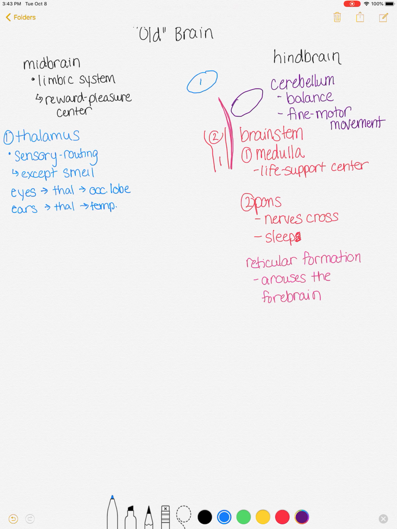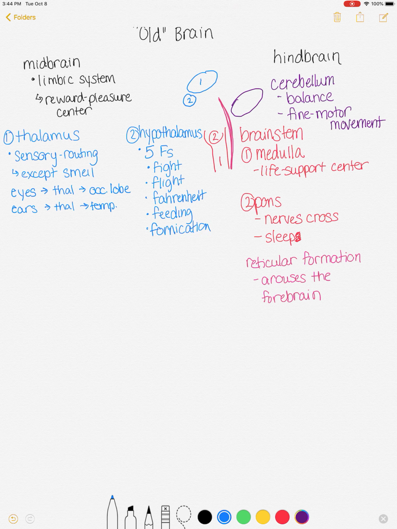They are fight, flight, feeding, or Fahrenheit, excuse me, feeding, and fornication. Okay, so we have fight, flight, Fahrenheit, feeding, fornication.